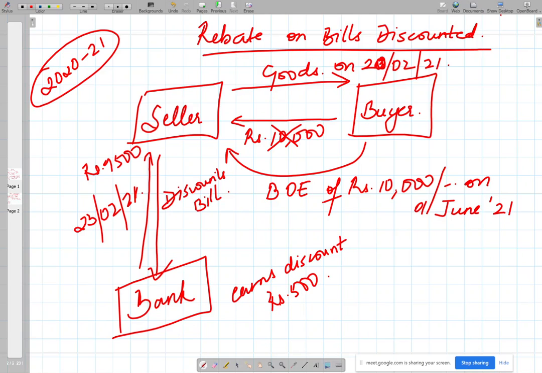So far I hope the situation is clear. Now this is happening on 23rd February 2021, which falls in the financial year 2020, that is April 2020 to 31st March 2021. Our financial year will get over, isn't it? The bank has earned this discount in February.